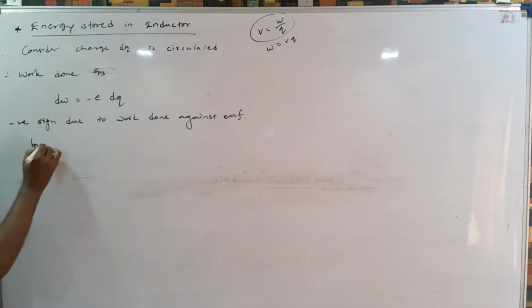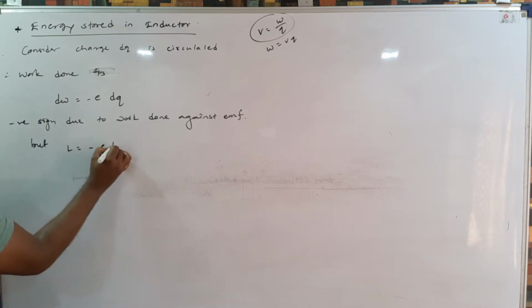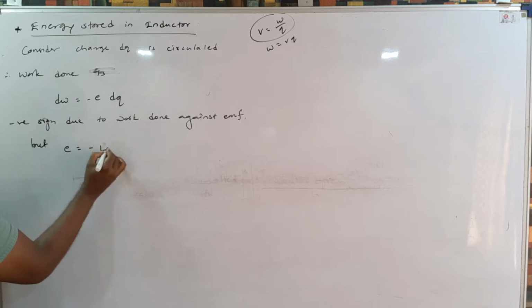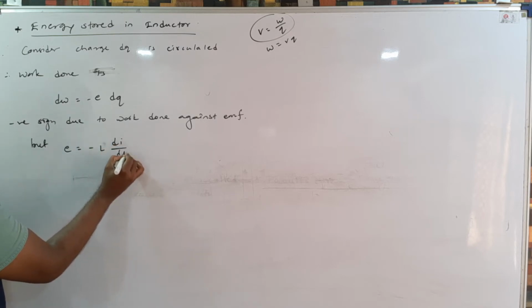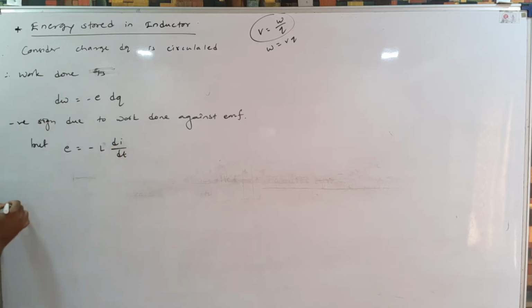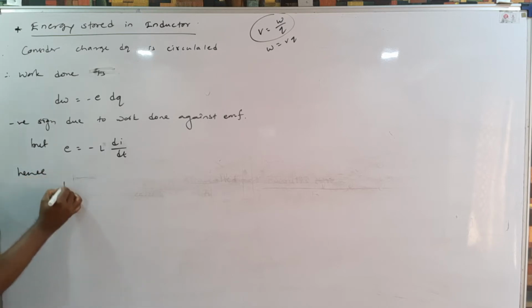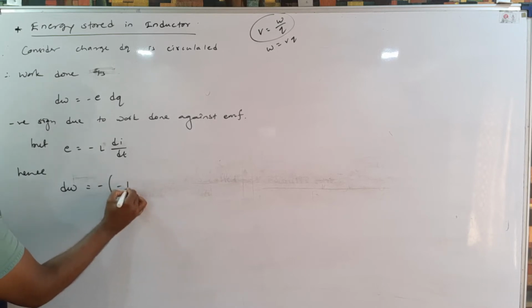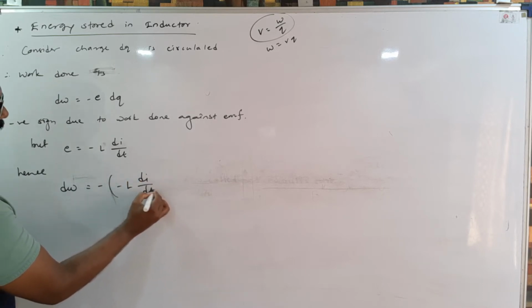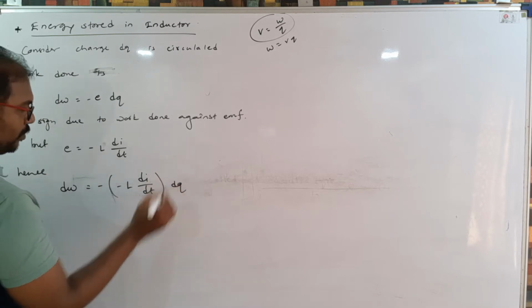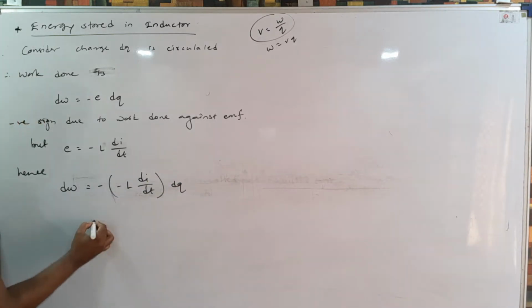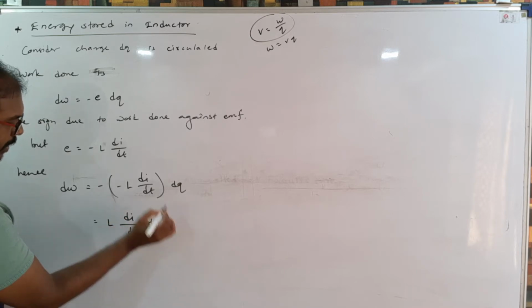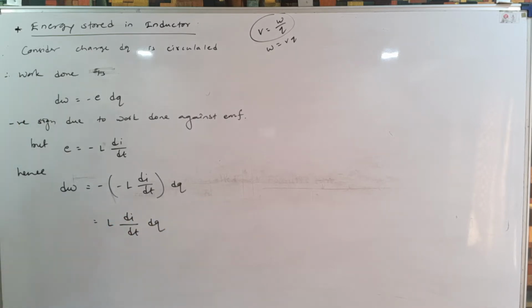Now, E is equal to minus L di by dt, so that we have to substitute. Hence, work done is equal to minus E dq. Instead of this E, I can substitute minus L di by dt into this dq. So minus minus plus, so L di by dt into dq. So this formula we get.